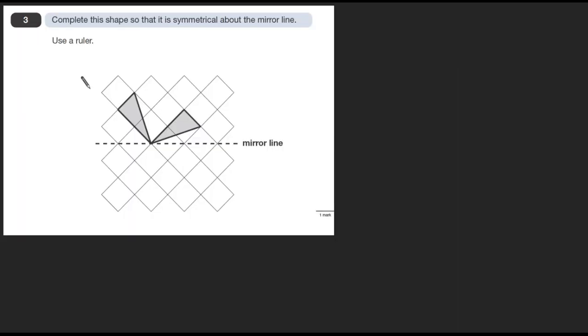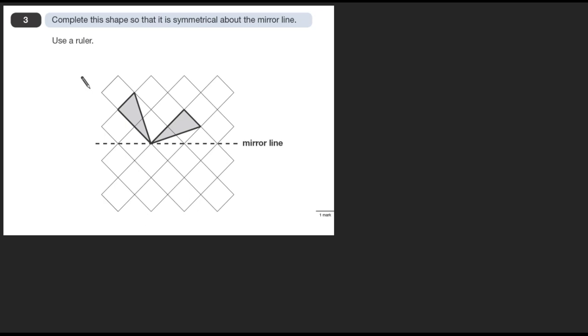Question number 3, complete this shape so that it is symmetrical about the mirror line. The mirror line is called a reflection line. Whatever the image on one side is going to be exactly a replica on the opposite side. It's the same as you standing in front of a mirror, where the exact image is seen behind the mirror.